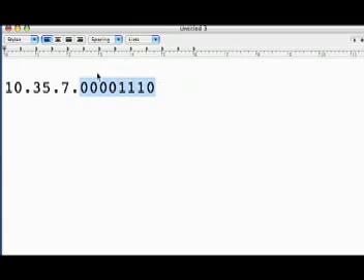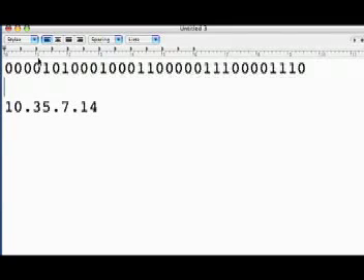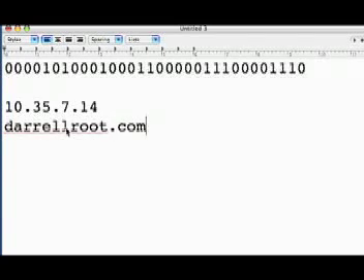So that big long IP address that we saw is actually 10.35.7.14. So when you're looking at it in the network, you might look at it as darrellroot.com, or as 10.35.7.14, but never forget, it's really just 32 bits that are either ones or zeros.